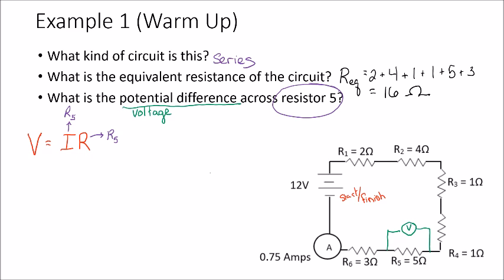So this current needs to be the current that's going through resistor 5, and this resistance needs to be the resistance of resistor 5. What current is flowing through resistor 5?